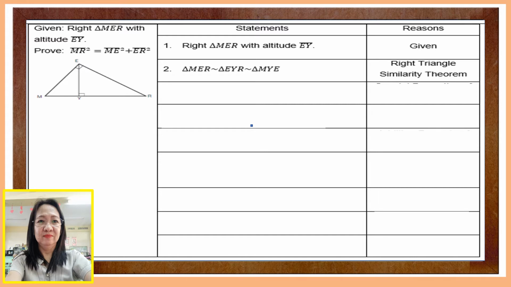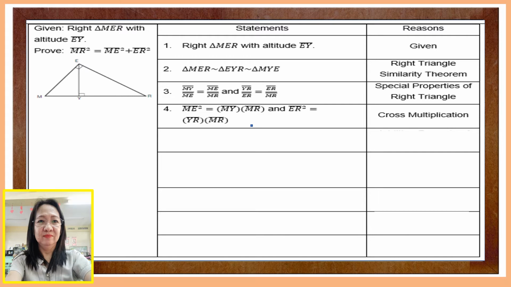Now, since we have similar triangles, we also have the proportionality on their sides. So we have MY is to ME is equal to ME to MR. And similarly, on the other triangle, we have YR is to ER is equal to ER is to MR. Special properties of right triangle.